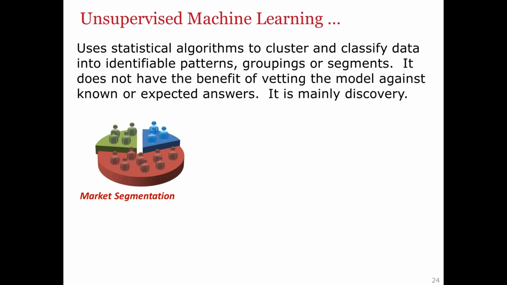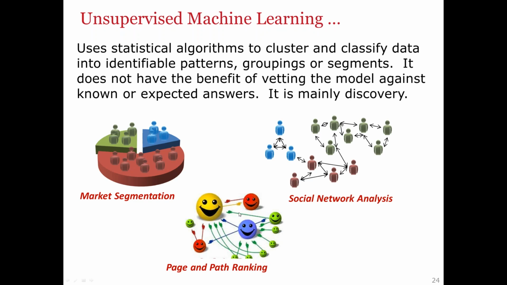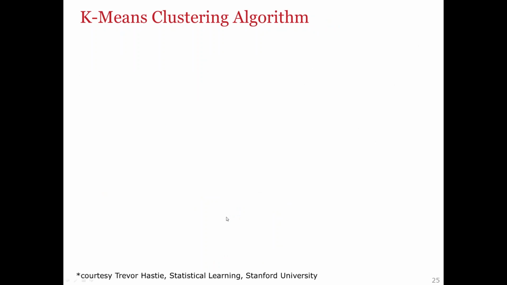But it basically looks at the existing data, and some of these machine learning algorithms are used to separate customers for market segmentation, for social network analysis. Google and Yahoo and others use this for page ranking algorithms in Google search.